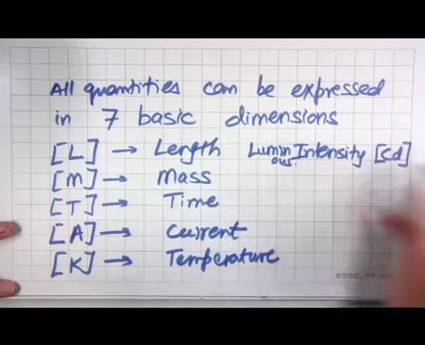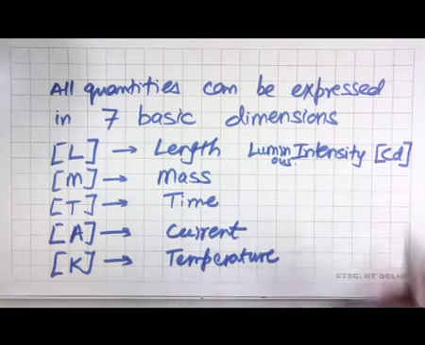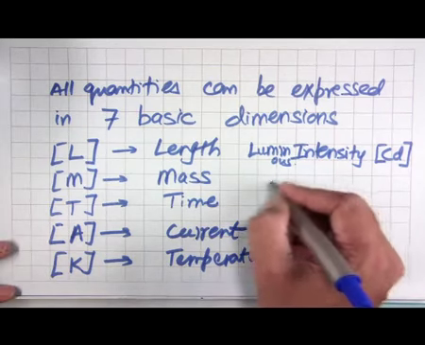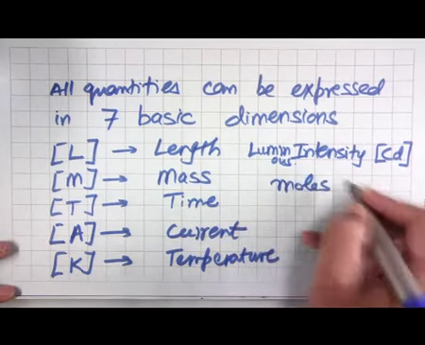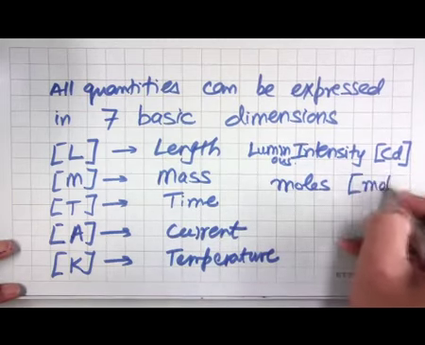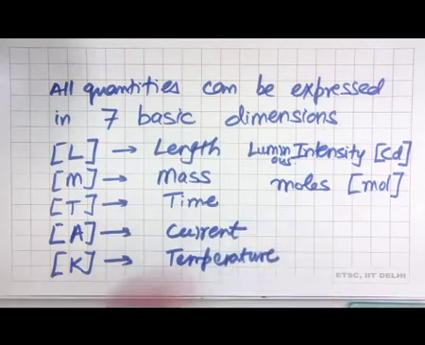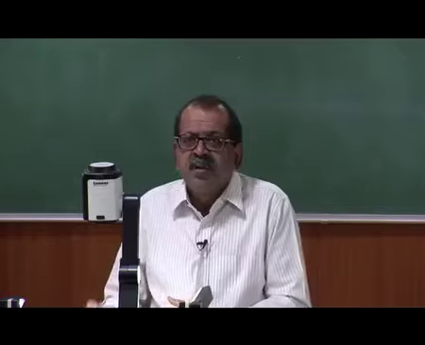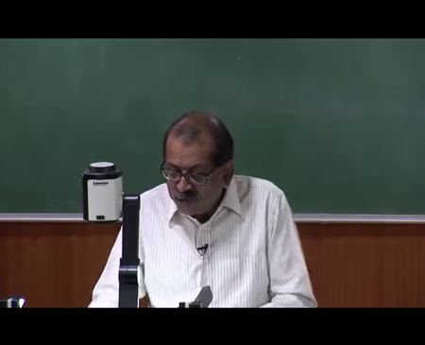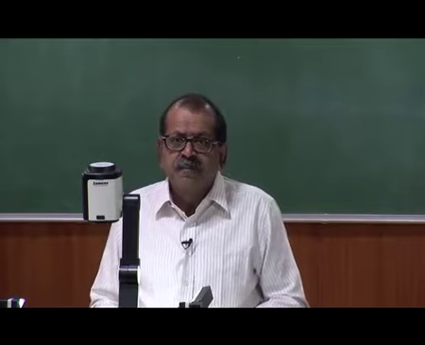In SI units, the symbol used is candela, so we keep candela, we can use anything else also. And finally, the amount of substance, for which we use moles, so we can use MOL. So, these are the 7 basic dimensions, and any quantity which we write can be expressed in terms of products or divisions of these dimensions.